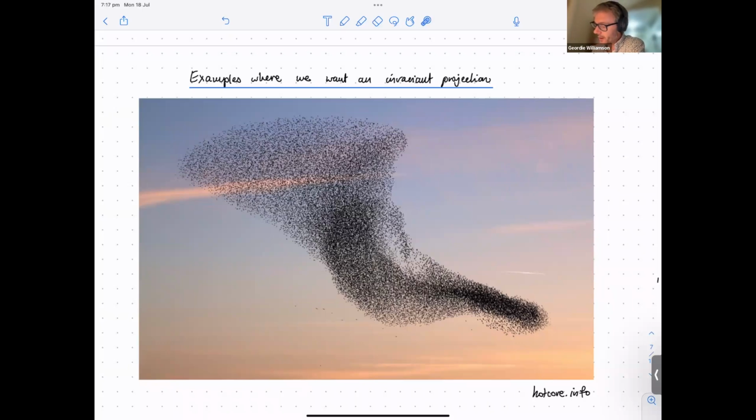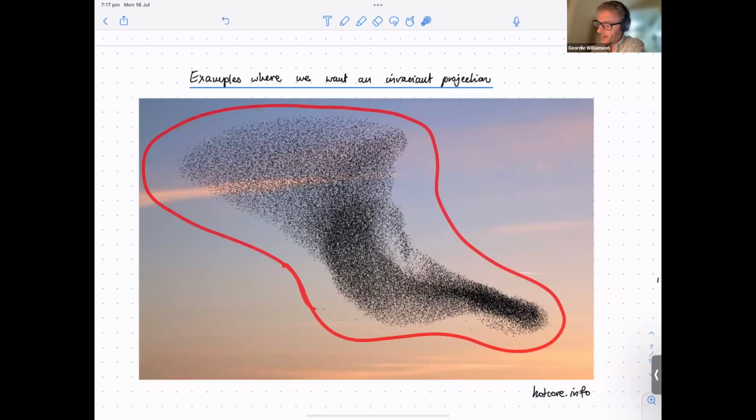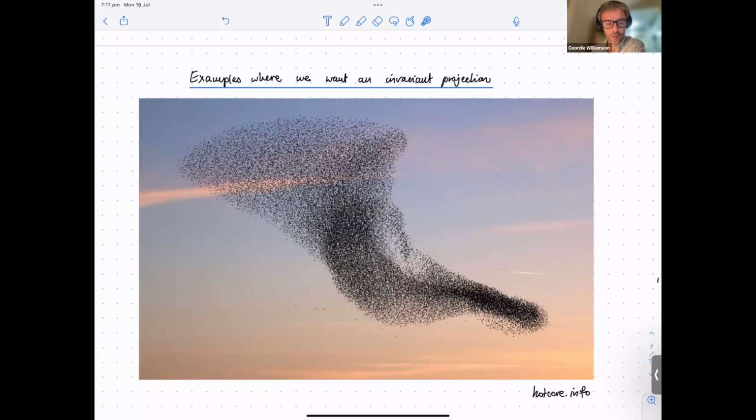Okay, so now imagine that you want to, for example, examine the structure of this flock of birds. The way that you might encode this flock of birds into a computer is as a list of vectors.